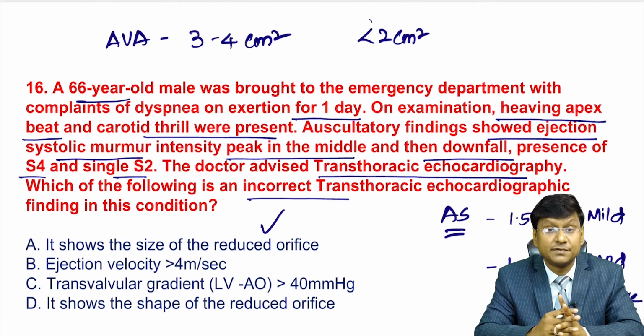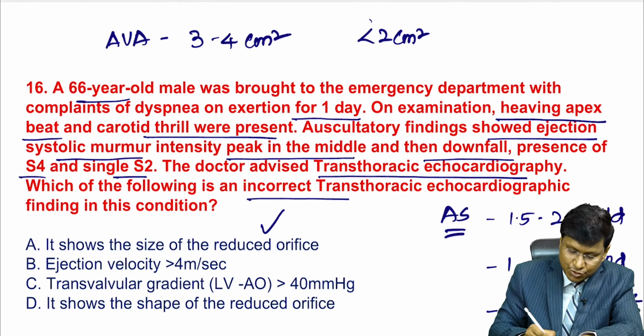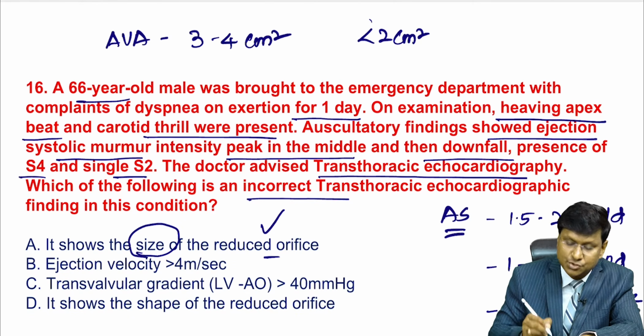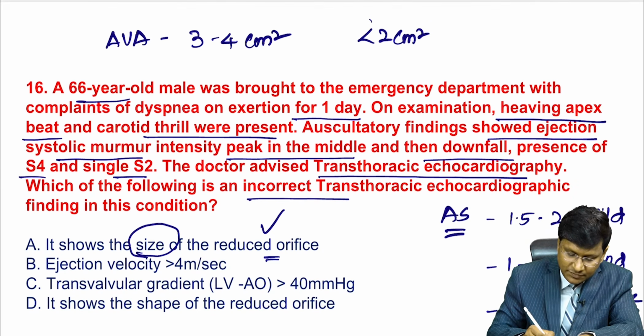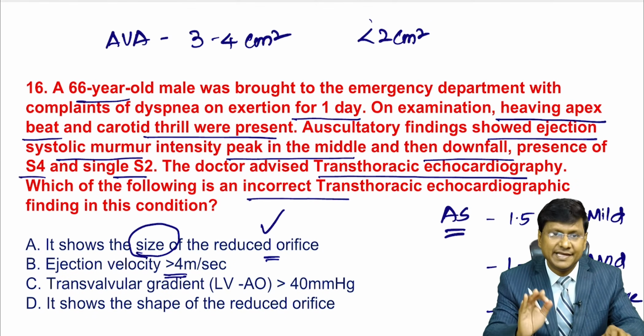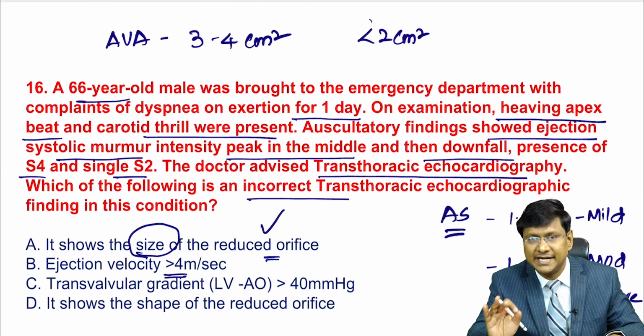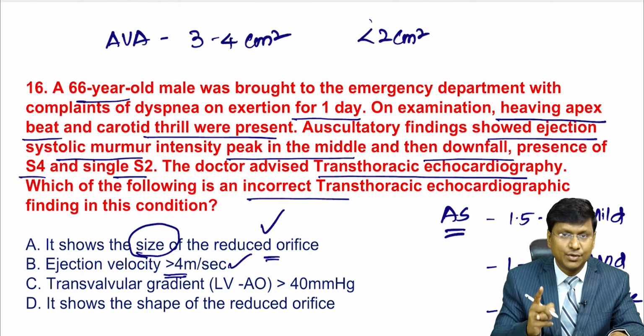So the transthoracic echocardiography will show you the size of the reduced orifice. That is a true statement. The ejection velocity is more than 4 meters per second. Yes, that is very much suggestive of aortic stenosis, and that can be made out in the 2D echo.